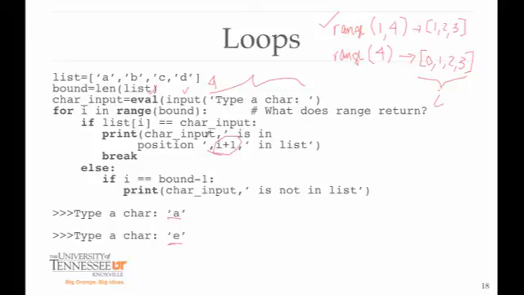And so the output that you're going to get in that particular case is the statement A is in position. And again, for the human, we're going to increment by 1. So we're going to say position 1 in list.